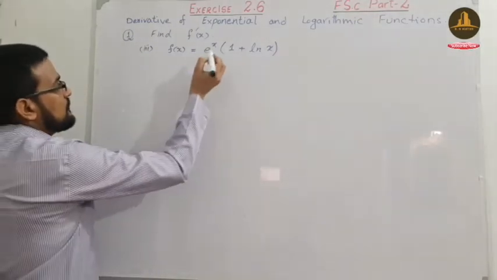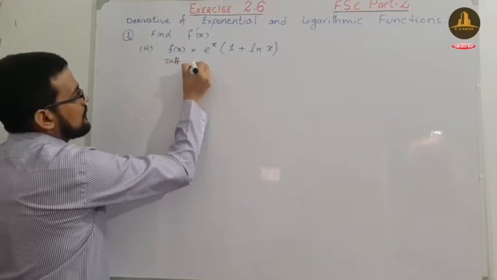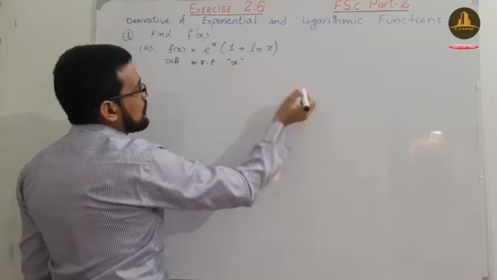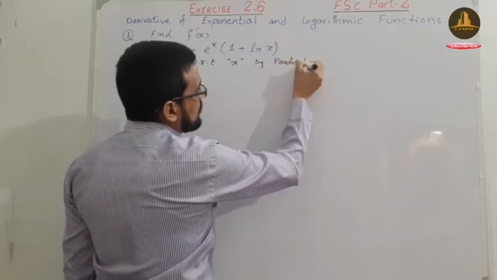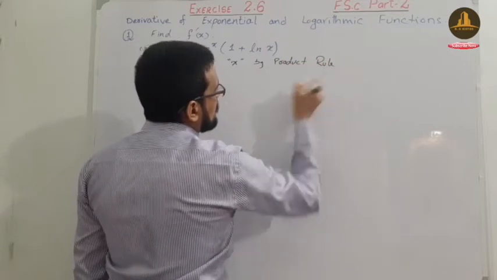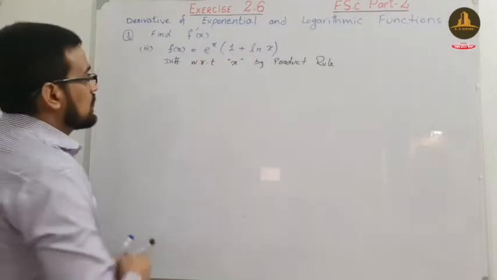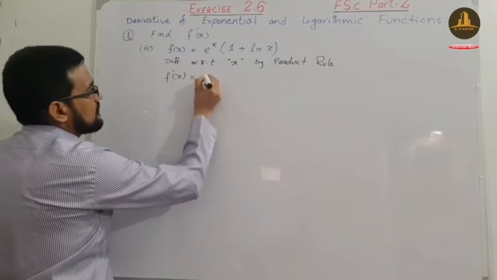So differentiate with respect to x by using the product rule. Okay, product rule, because these are two in the form of a product. f prime of x.